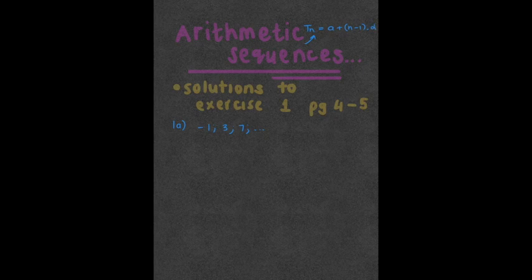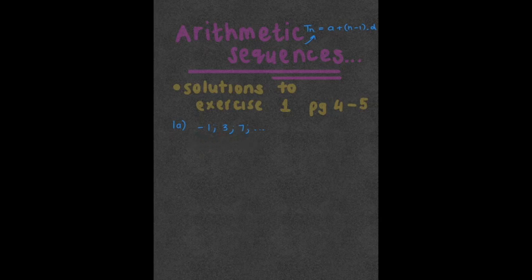Remember that a represents our first term, n the position of the term, d the constant difference, and Tn is the value of the term.